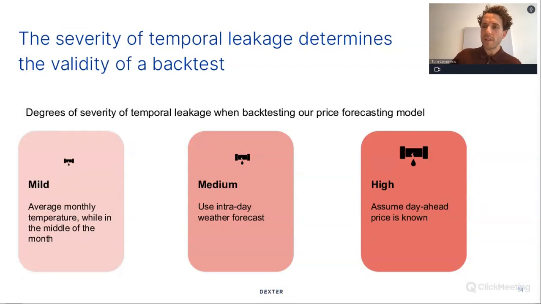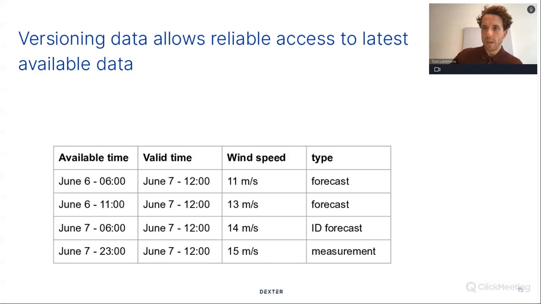Now, how can you actually handle this? How should you handle this? A solution for this is to version your data. By versioning your data, you're able to reliably access the latest available data that you would have had. Take this example of a wind speed forecast.